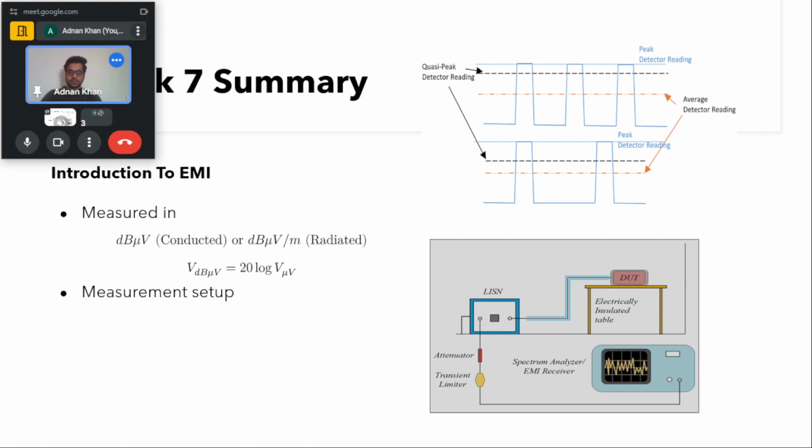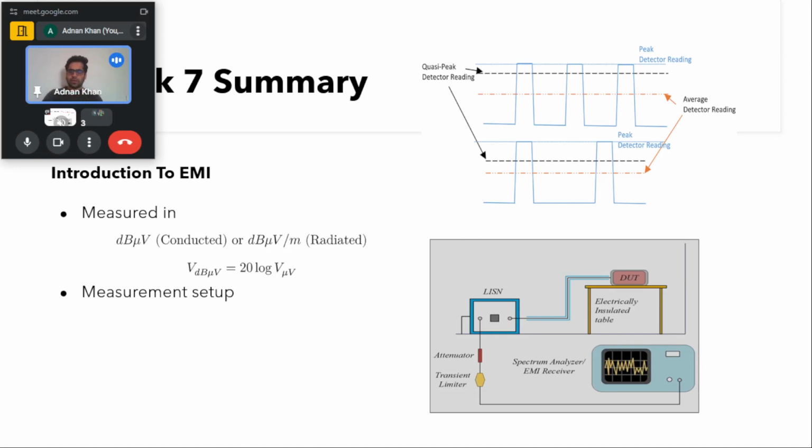The setup is made in such a way that if there is any EMI outside, it should not affect the device inside.